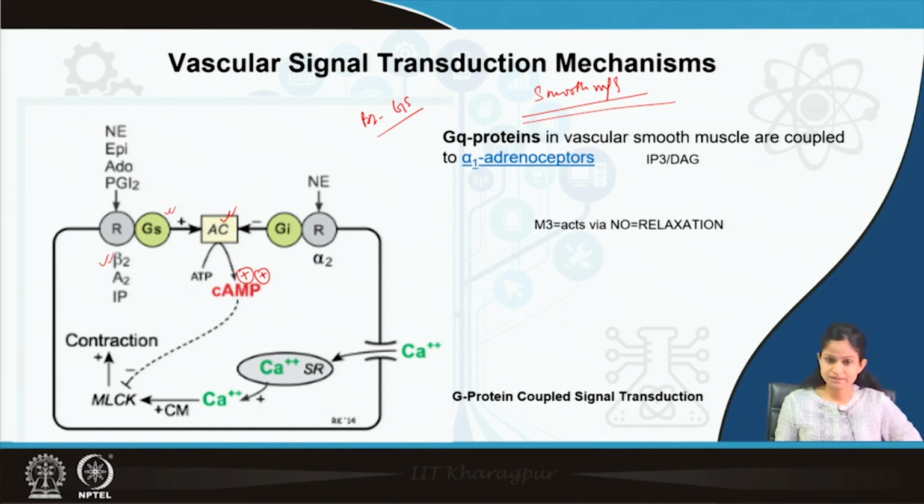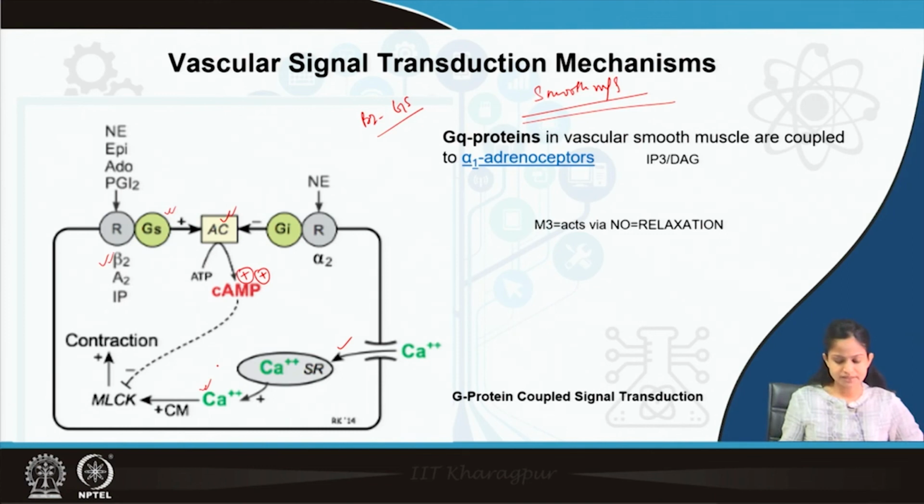What is this myosin light chain kinase? In case of smooth muscle contraction, whenever calcium binds with calmodulin, the calcium calmodulin complex activates myosin light chain kinase, and this will cause the contraction of the smooth muscles, here the vascular smooth muscles. But this myosin light chain kinase gets activated in presence of ATP.